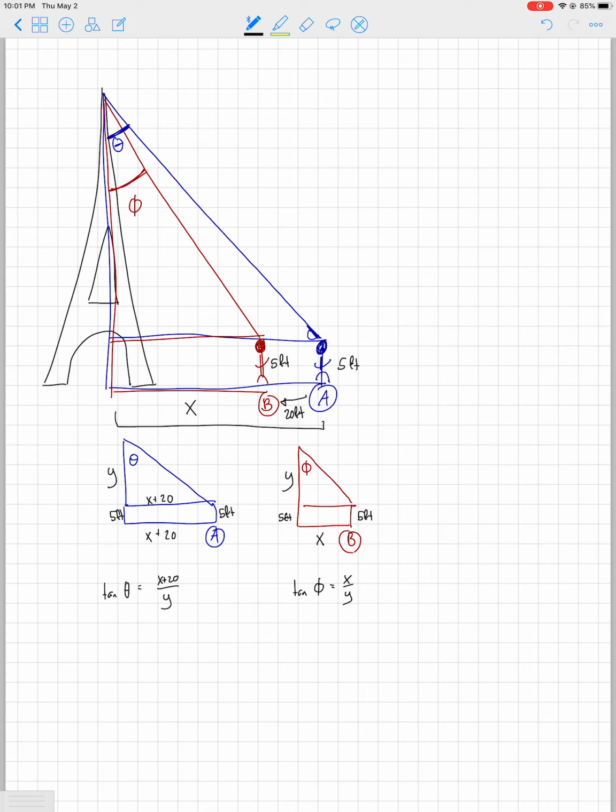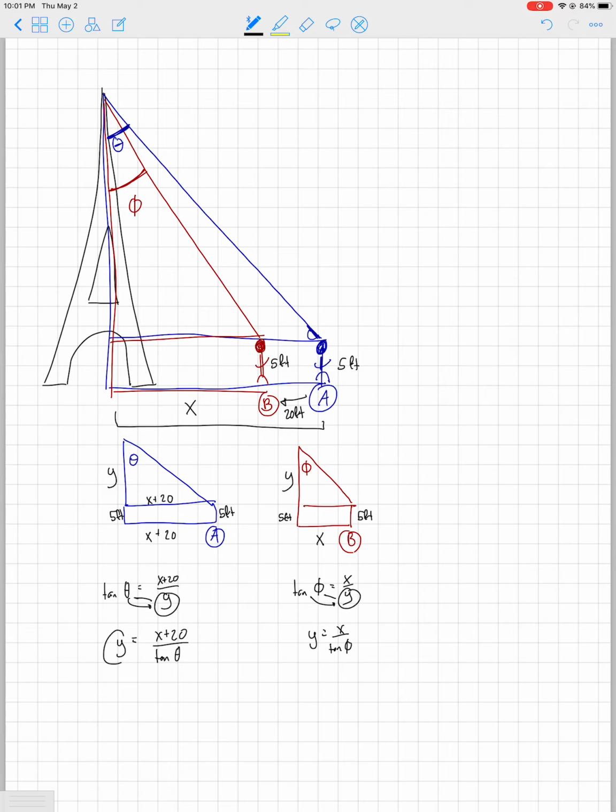We always try to get something by itself here, and with a system of equations, we want it to be something that can cancel out. So for this, the easiest thing would be to get y by itself, because we know that trick where they can just swap over. So y equals x plus 20 over tangent of theta, and y equals x over tangent of phi.